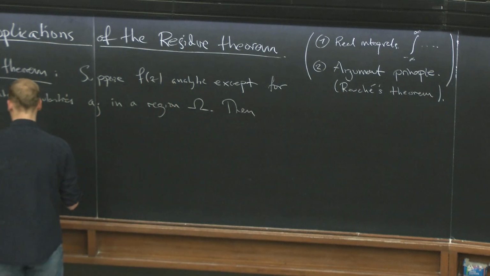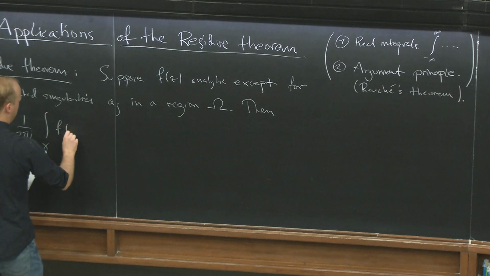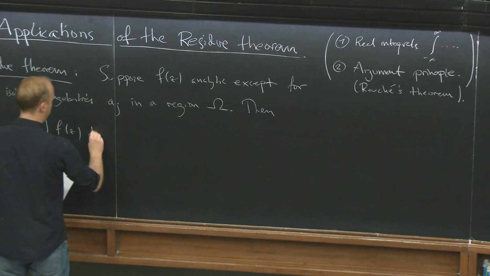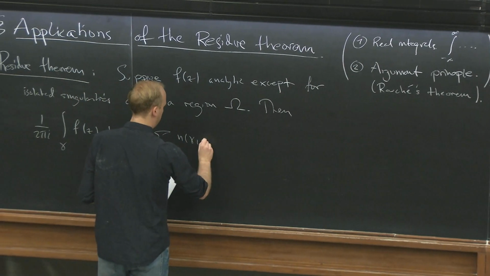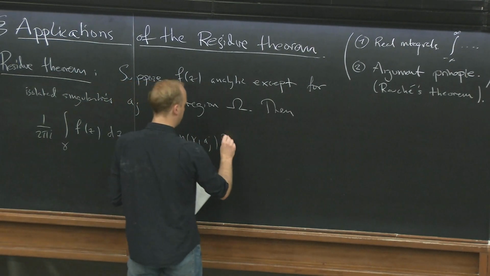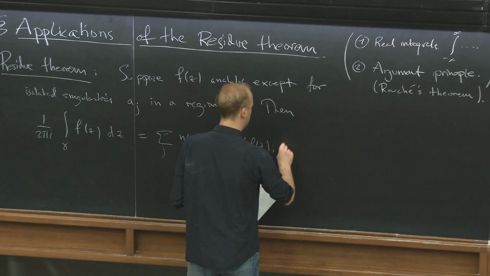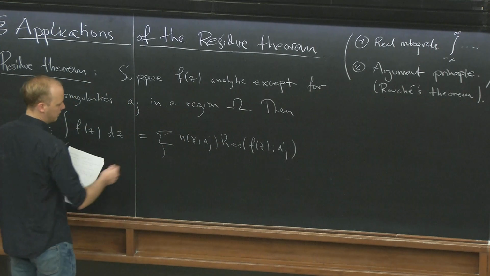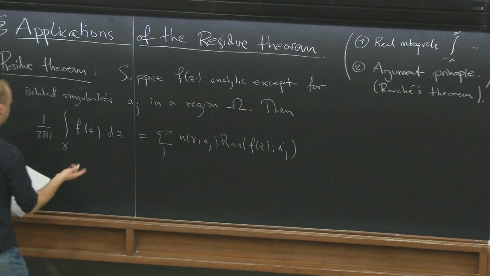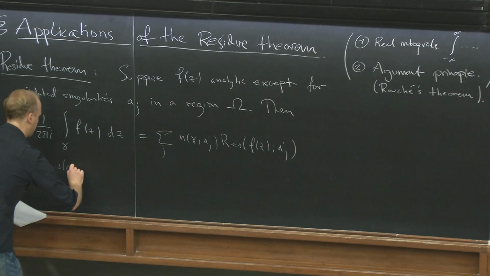Then we had the formula 1 over 2 pi i times the integral over gamma, where gamma is any closed curve. This is the sum of the product of the winding numbers and the residues of this function at the points A_j, where the sum runs over all of the singularities inside gamma, and we said last time that there is a finite number of these.